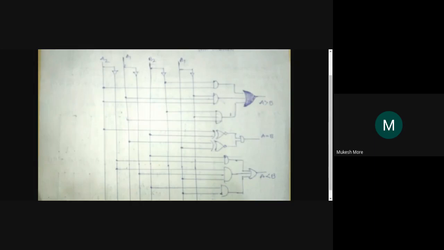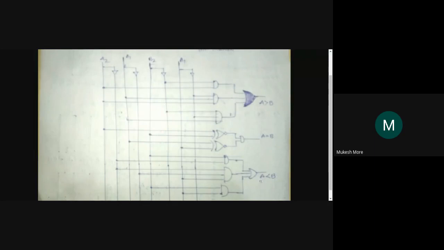you can compare two numbers, A number and B number. The A number has 2 bits A1 A2, the B number has 2 bits B1 B2. If the numbers are equal, then we will get output at this position. If number A is greater, then we will get output at this position.